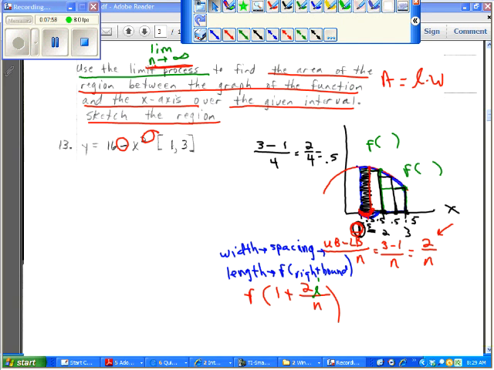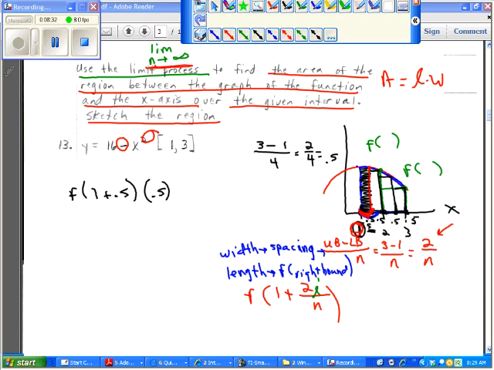Now, I want to take a moment to explain what we're doing with that I. If we were actually going to find the areas of all of that, we could find the area of each rectangle. Looking at my 4 rectangles, the area of the first rectangle would be the function value at 1, my start, plus one of those gaps of 0.5, which we know would put us at 1.5, times the width of the rectangle, 0.5.